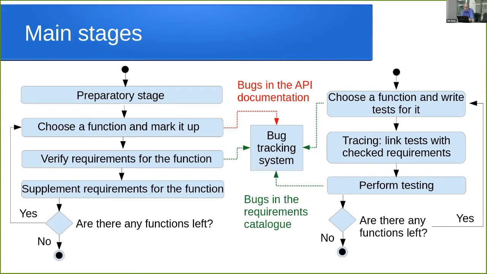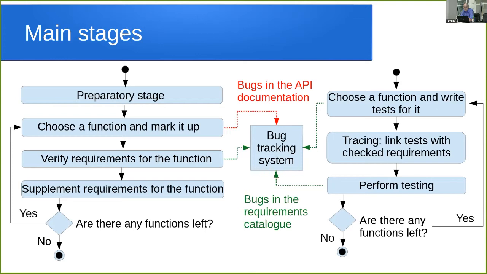The third phase is the verification phase, in which we verify our requirements catalog built for a function. So the main actors here are the requirements analyst, the developer of the computer program, and the test engineer. I will discuss this phase as well as the next phase on the next slide more carefully.